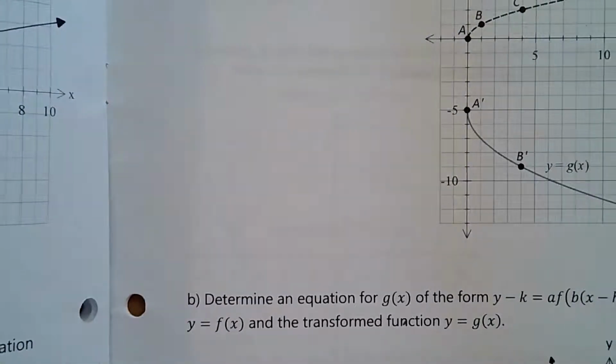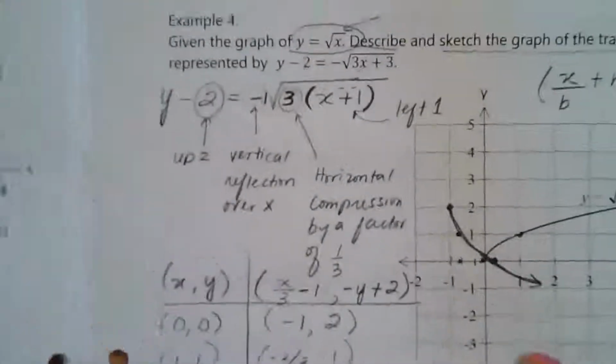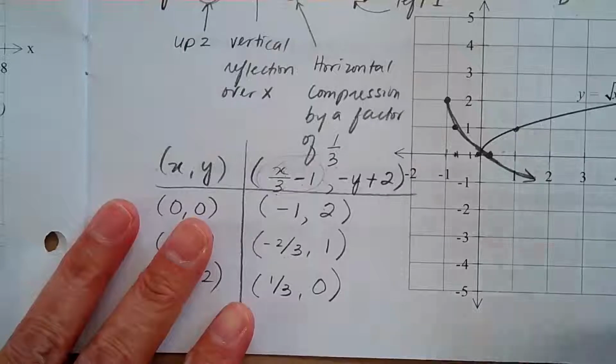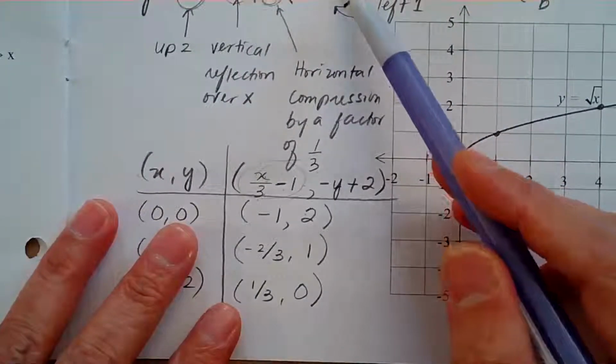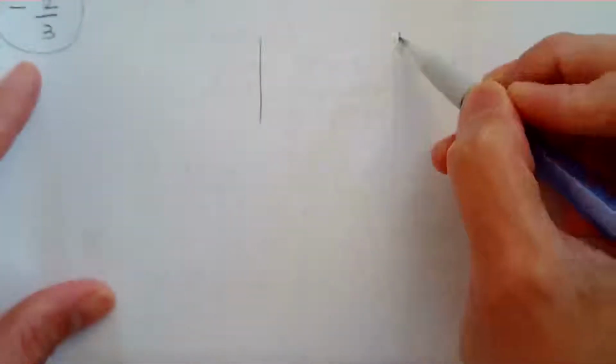Let's try this one. No, not necessarily. That's a good question, because last time we said when we take the square root of something, it ends up being to the top.